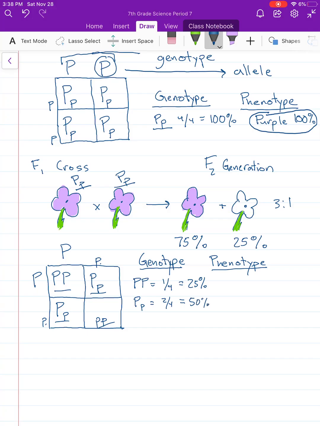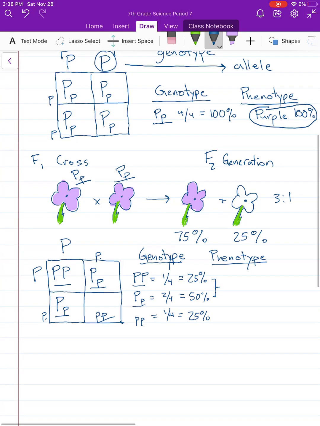And then finally, we've got little p, little p, and that is our recessive genotype at 1 out of 4, 25%. Okay, so we write that down, we decode it. Notice when we take these 2 genotypes, they're both purple. This is our pure purple, and this is our hybrid purple.